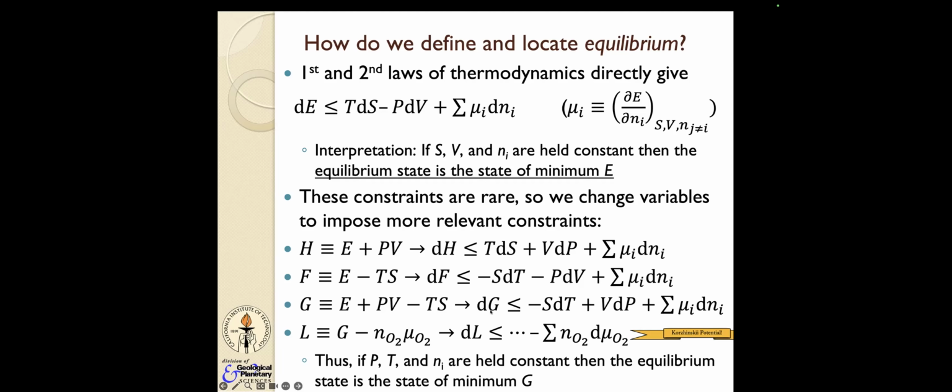But it's important to realize that this is not the only calculation that MELTS can do. You can do an isentropic calculation where instead of temperature, you fix the entropy, and MELTS will do that calculation by minimizing the enthalpy. You can do an isochoric calculation where you fix the volume instead of the pressure. For example, if you're calculating what's going on inside a closed melt inclusion or fluid inclusion, in that case, you minimize the Helmholtz energy. And you can also do a calculation where you exchange the number of moles of O2 in the system as an independent variable with the chemical potential of O2, which is just related to the fugacity of O2.